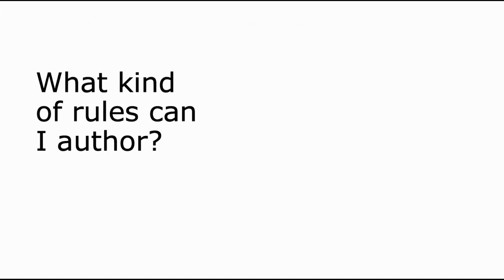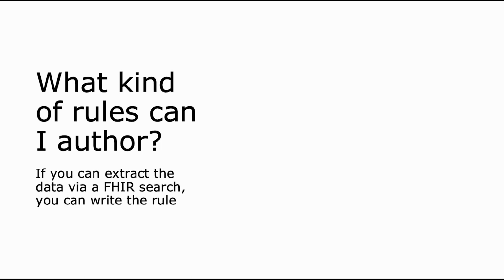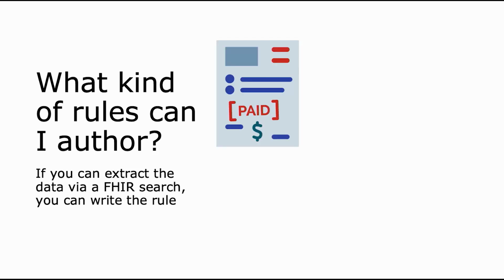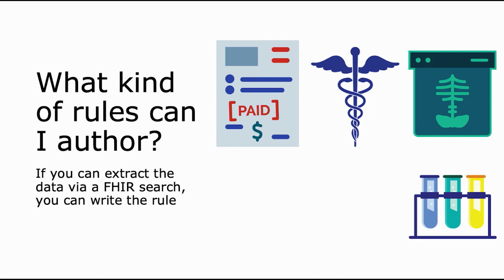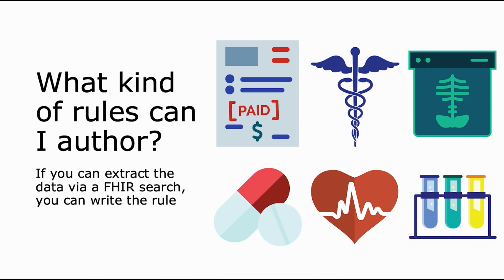So speaking of our native rule authoring tool, what kind of rules can you author? Well, essentially, if you can extract the data out of a FHIR server with a FHIR search, you can write a rule against that. That includes claims data, any medical diagnosis data, radiology reports, lab data, observational data like blood pressures or lab results, and medication data.